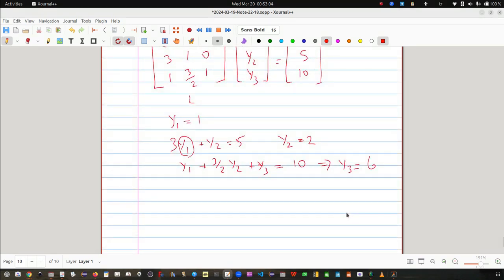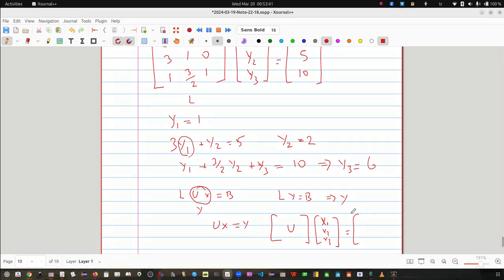So now by knowing the y values, we said L times U x is equal to B. We said this part is y. Then L y equal to B. We found y's. Since y is known now, U times x is equal to y. We are able to say our upper matrix times x1, x2, and x3 is equal to y1, y2, y3, which is already found above, which is 1 and 2 and 6.